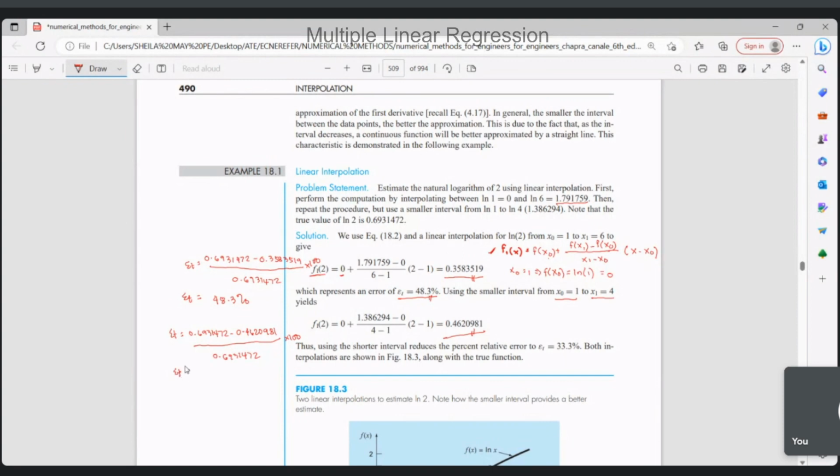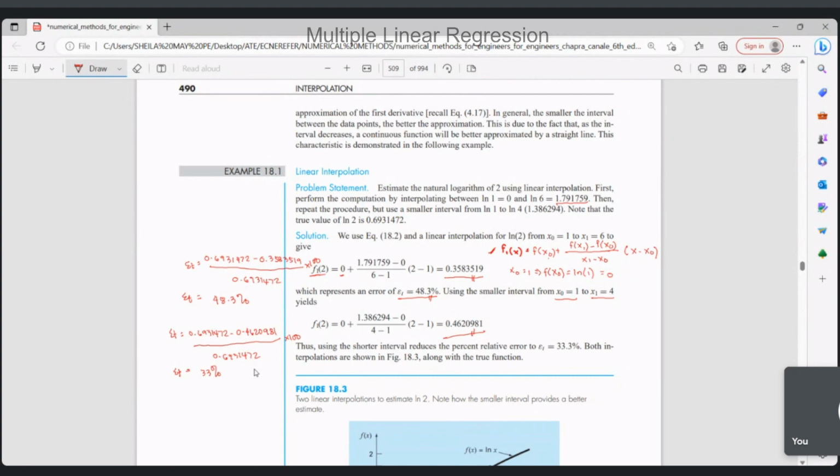Are you still there, everyone? Yes, ma'am. Okay. 0.462091. And that's 33.33%. Okay. So, makita nato, nagkagamay atong interval, nagkagamay pod ang atong error.